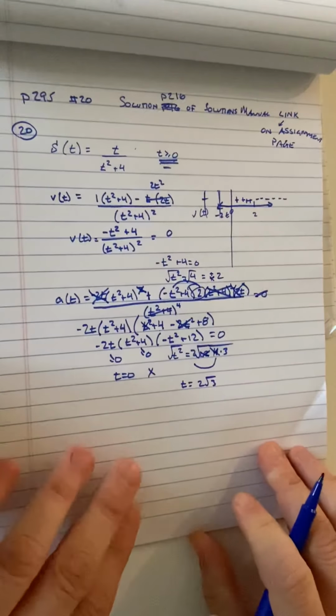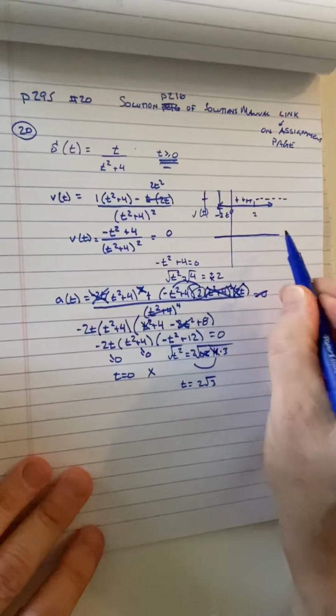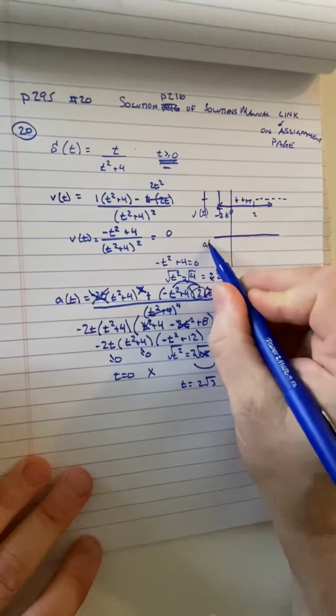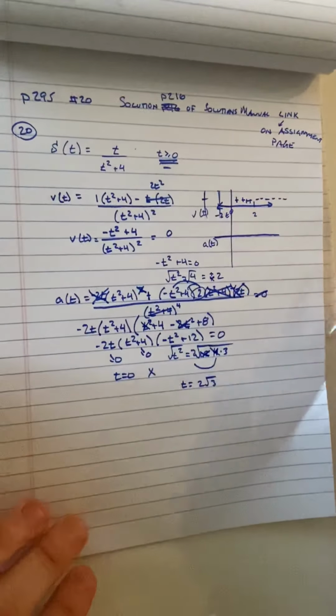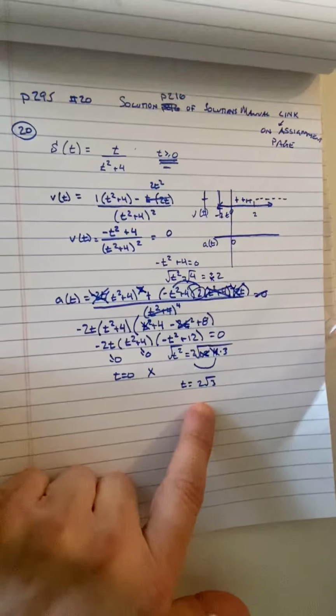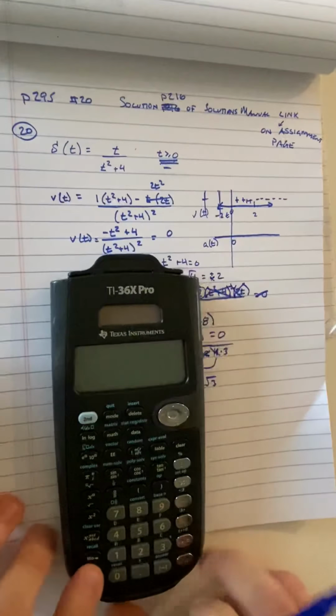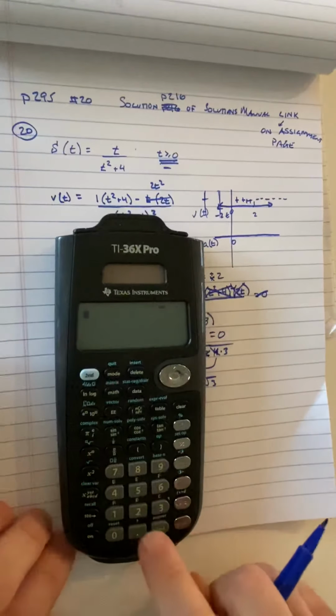So far, so good. Let's put that on an acceleration testing number line. It used to be called the concavity test, and now we're putting our critical values right up on there. 2 root 3, let me figure out what that is as a decimal real quick. That's the square root of 12.